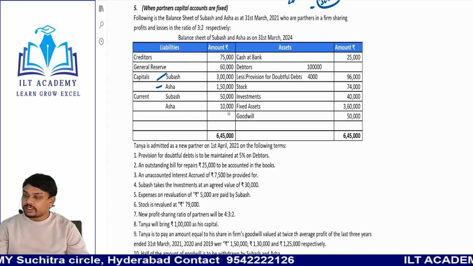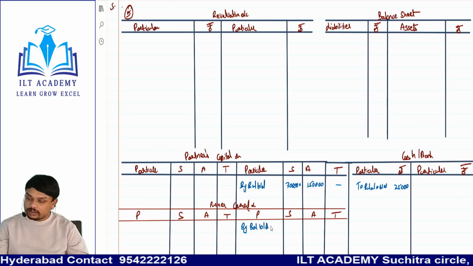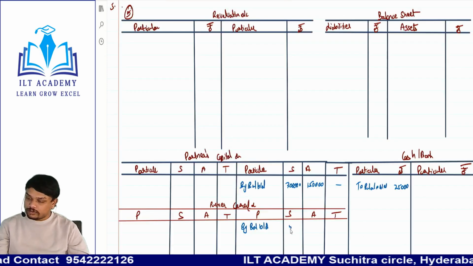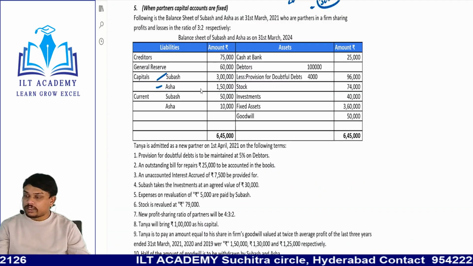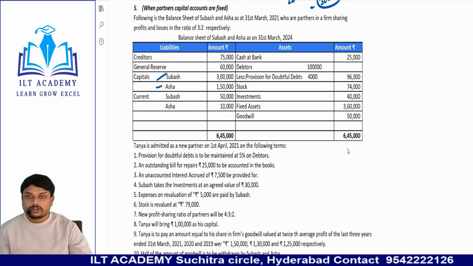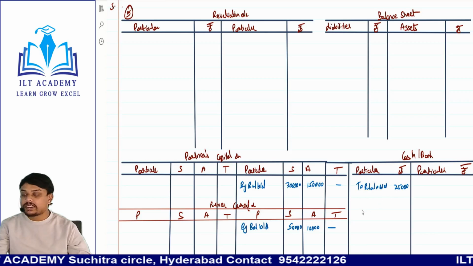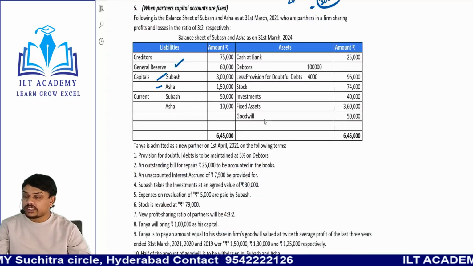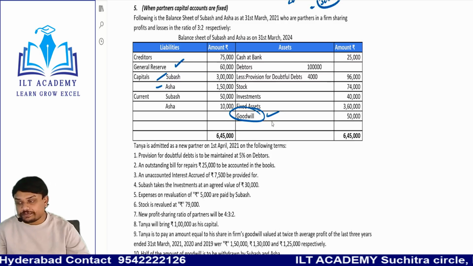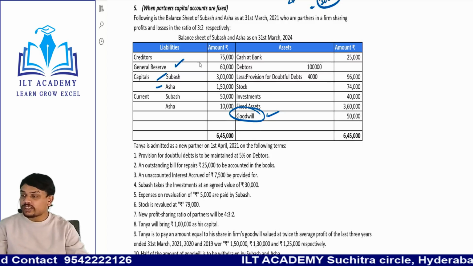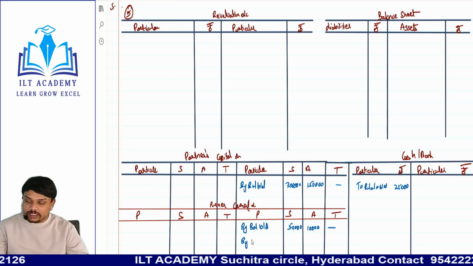Current account balances are 50,000 and so on. Capital account balance is done, current account balance is done. After writing these, cash and bank balance, we need to check for reserves and losses. Here we are having general reserve and we are having goodwill as well. Goodwill is appearing in the balance sheet, so we will distribute to the old partners in old ratio 3:2. General reserve 60,000. So all adjustments are done through current account.